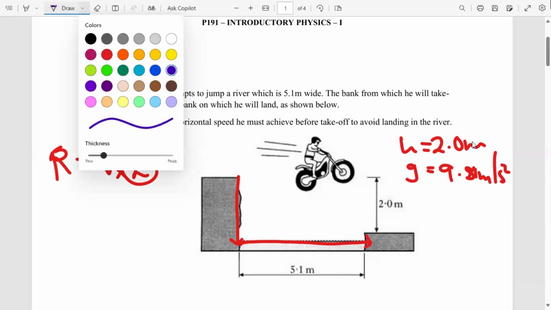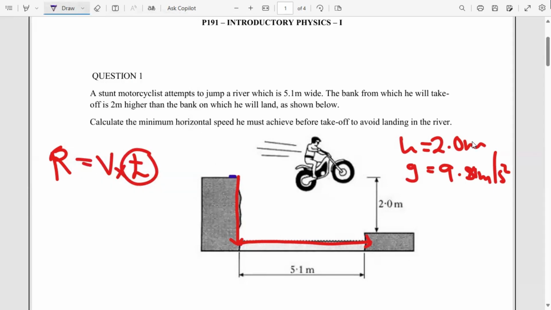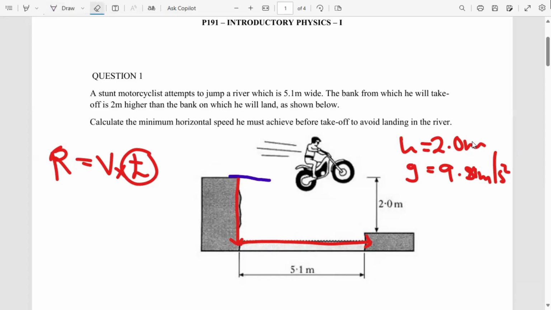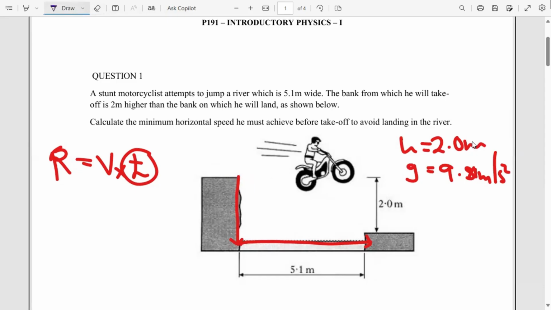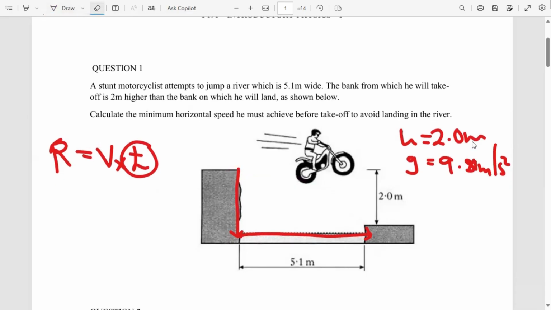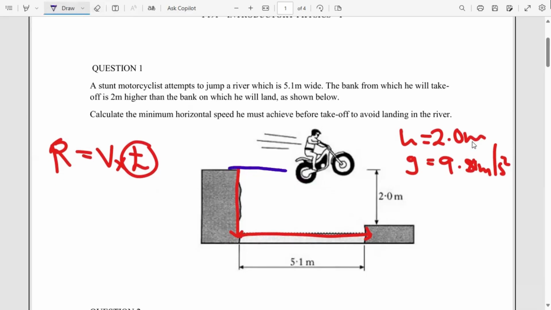So we're going to have this type of trajectory. It starts on the x-axis only, then starts descending after gravity acts on him till he reaches that point. Okay, so this is the trajectory it's going to follow.